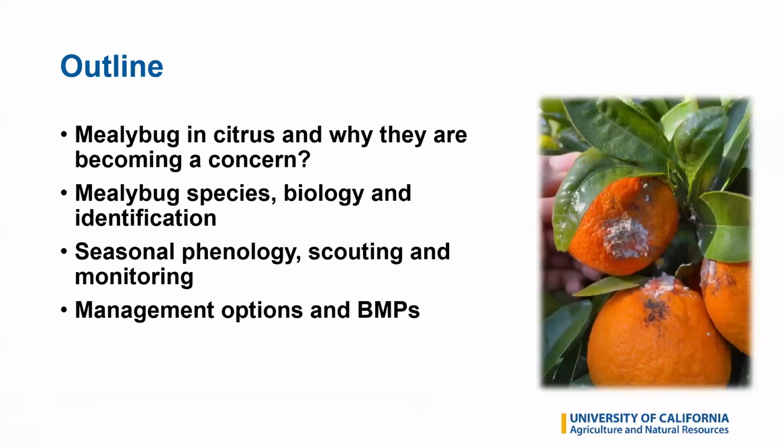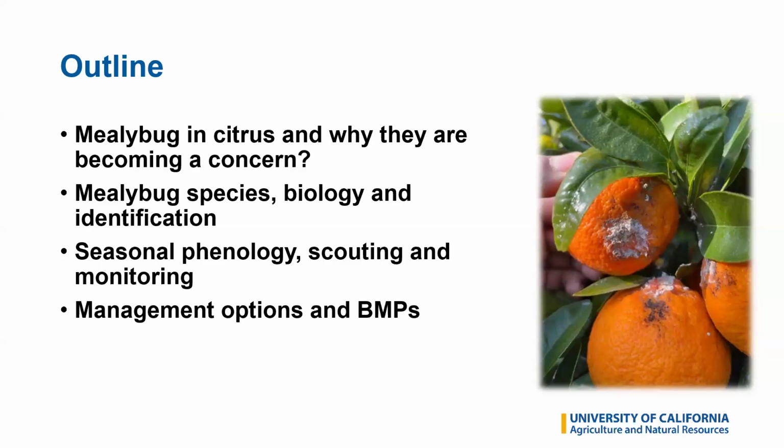Here is the outline that I'm going to follow today for the next 45 minutes. We will begin with mealybug in citrus and why they are becoming a concern, especially for our California citrus growers. Then we'll talk about mealybug species, biology and identification, seasonal phenology, scouting and monitoring, and also take our time to learn about why all of this information is important to build a sustainable integrated pest management program for citrus mealybug.